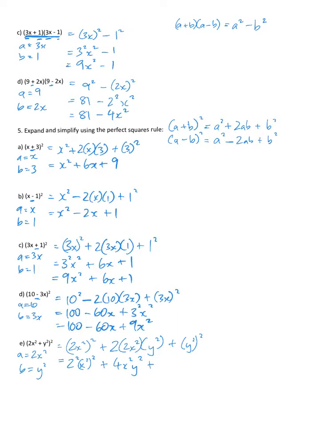Plus, what do we do when there's something to a power put to another power on the outside? Times the exponents together, so it's y to the power of 2 times by 2 is 4. So here 2 squared is 4, x to the power of 2 to the power of 2 is x to the power of 4 as well, plus 4x squared y squared plus y to the power of 4.